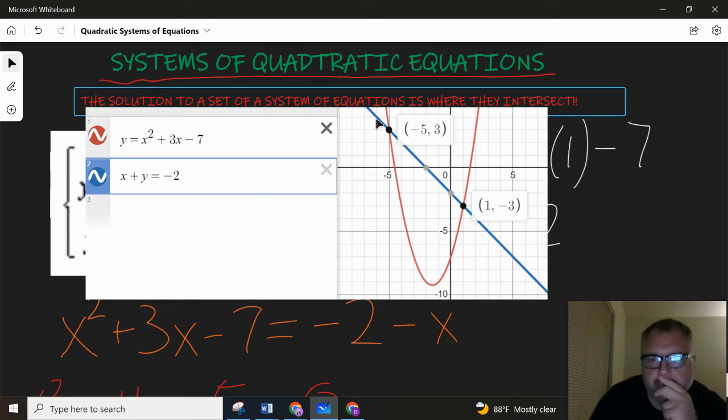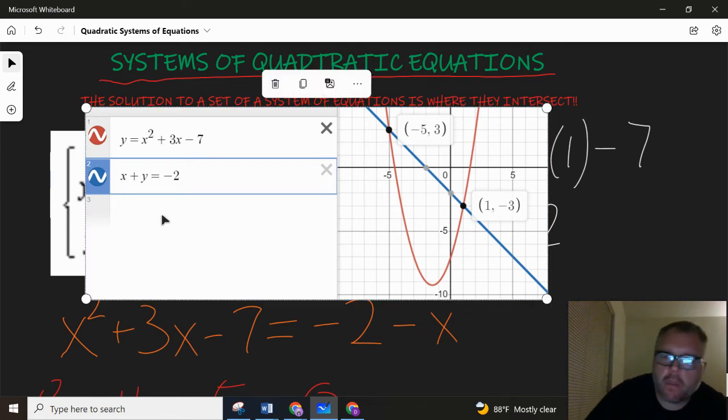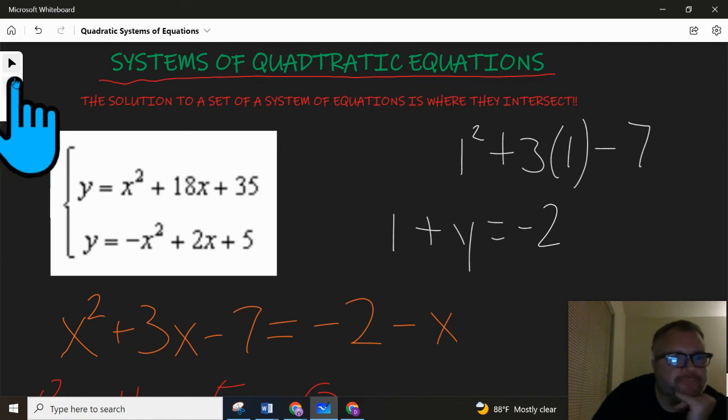You can see where they intersect, the parabola and the linear function, at (negative 5, 3) and (1, negative 3). So however you solve it, the solutions represent where these intersect. The only points they share, a possibility of 2, 1, or 0. They may never intersect at all.